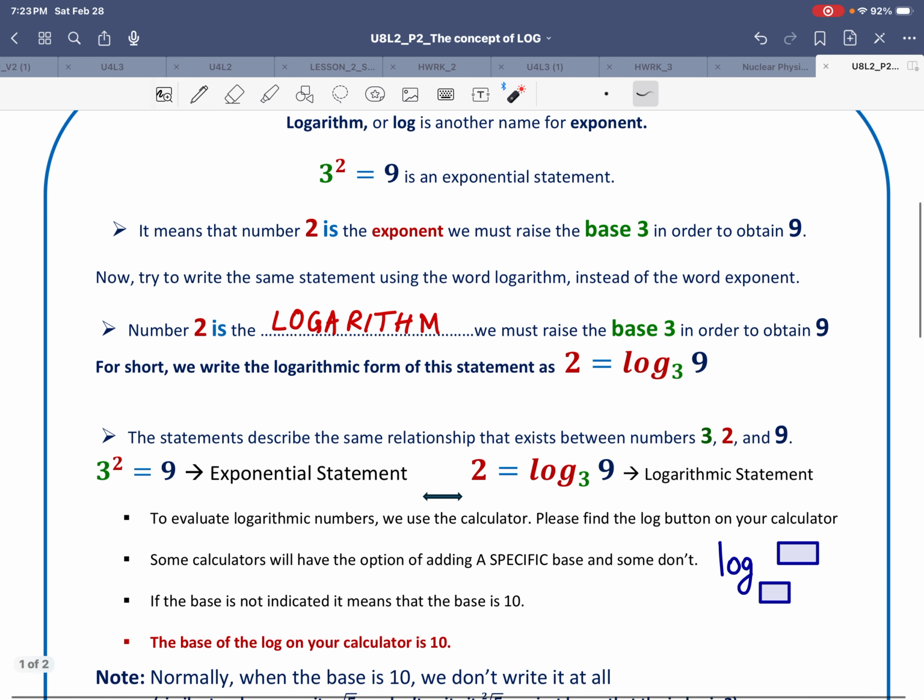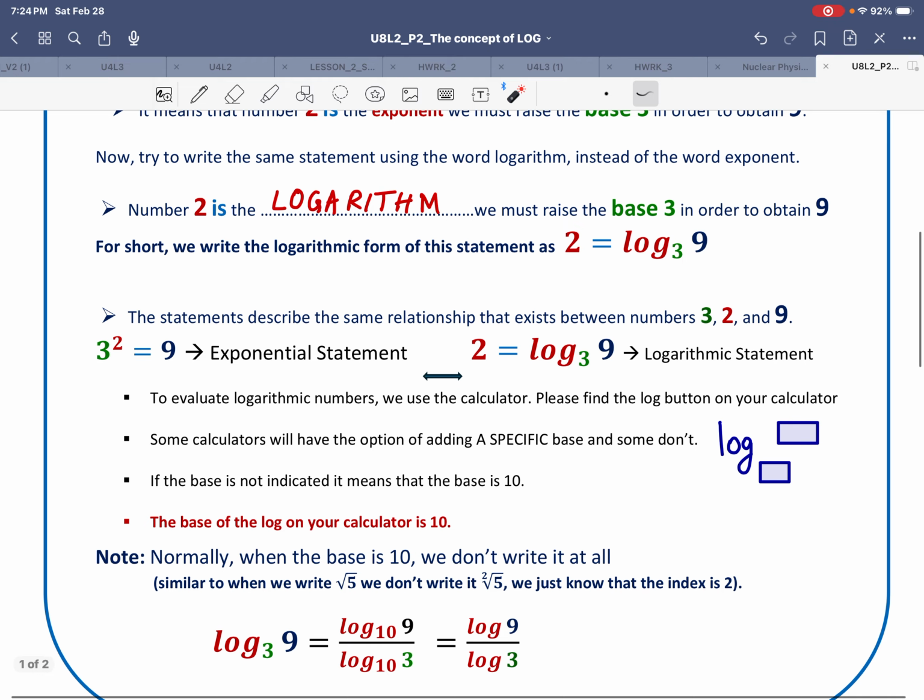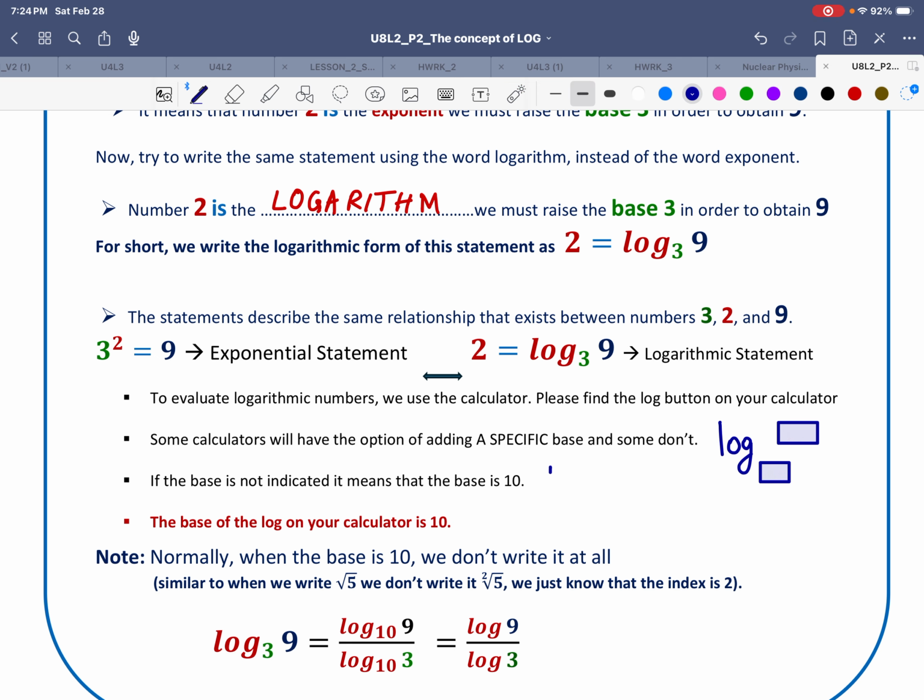Now, in many calculators, you probably won't see the two boxes that allow you to input the number at the base and the number inside the log, but you will probably see just the word log on the screen.